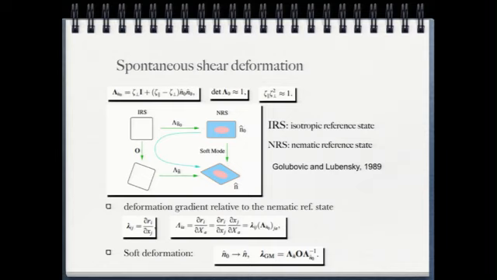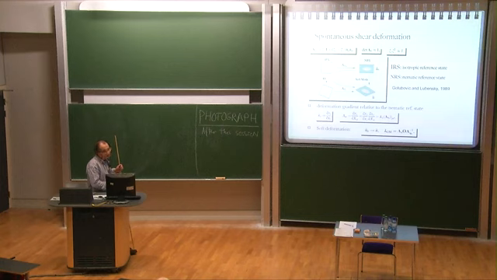This is not a simple rotation of the solid. It is a shear deformation together with a rotation of the nematic director that costs zero energy. This is the soft mode, first discovered by Golubovic and Lubensky in 1989. This paper has become a classic in this field.